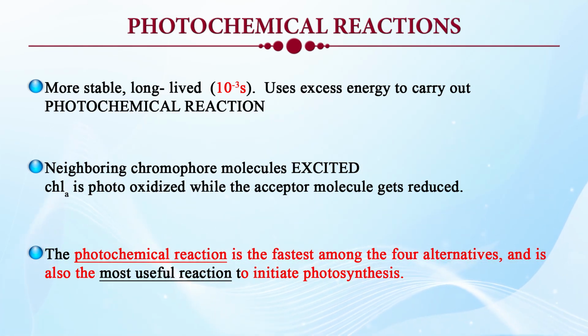So, what is useful for photosynthesis? The photochemical reaction, which is the best alternative, because it gives you the most useful reaction to initiate the process of photosynthesis. And it is this photochemical reaction which now excites the antenna molecules and the reaction center.